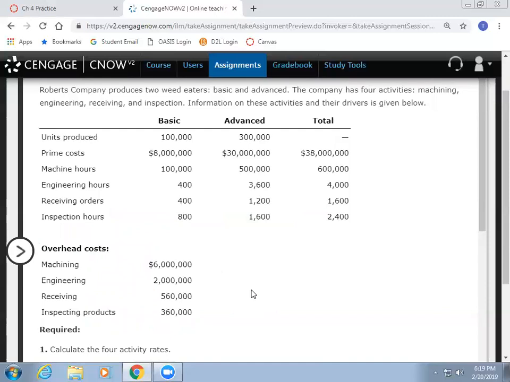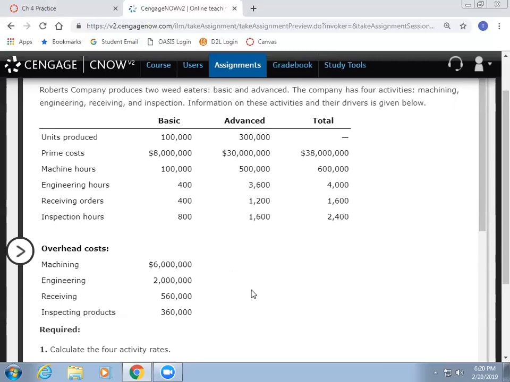So I would take 800 divided by 2,400, and that would be the basic. And for advanced, I'd take 1,600 divided by 2,400. Or if you broke it down into a fraction, because the decimal is a long one, it'd be 1/3 and 2/3. Okay, 800 over 2,400 is 1/3.